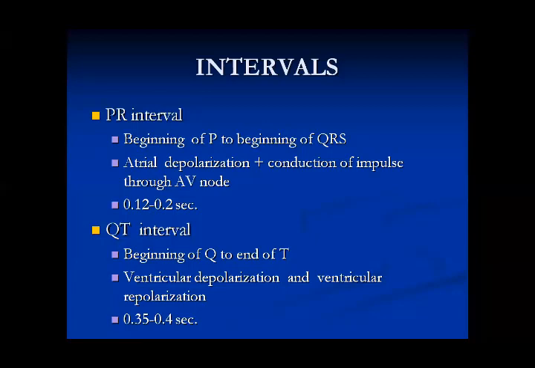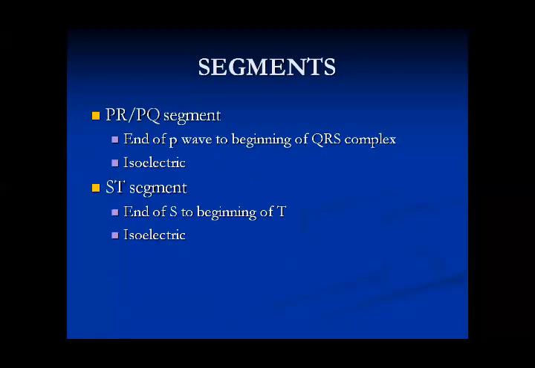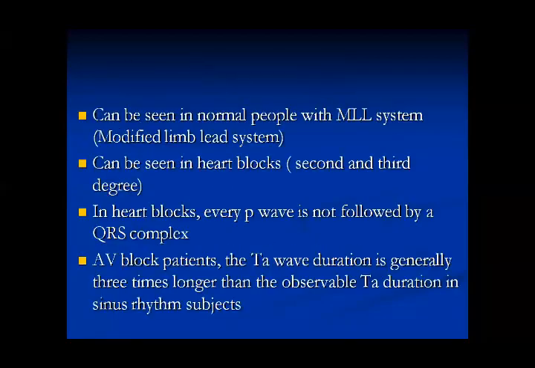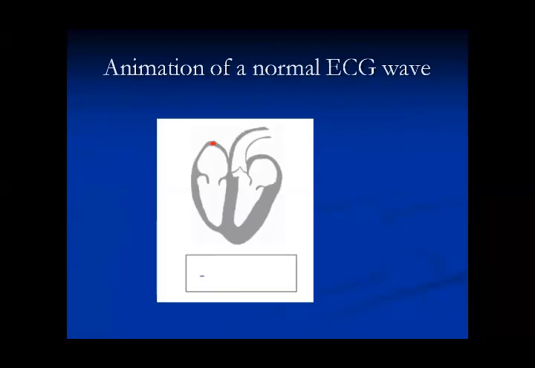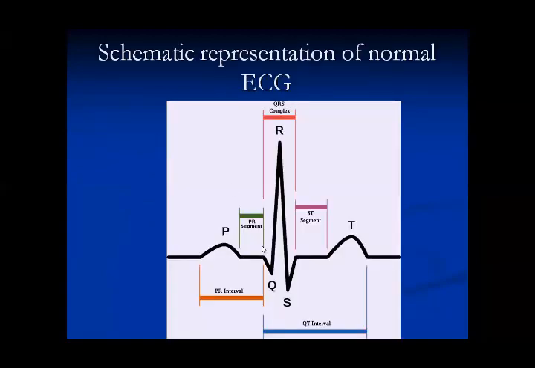So it starts from the beginning of the P wave to the beginning of either the Q wave or R wave, whichever is present. If Q wave is present, we call it PQ interval, like this, or we can call it PR interval as well if Q wave is absent, right?